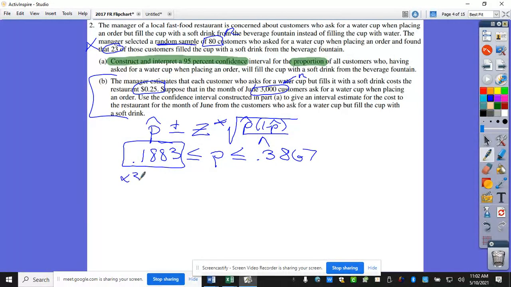Multiply it by 3,000, and I get like 564.961, and that's how many. And what would I do with that? Multiply that by 25 cents.